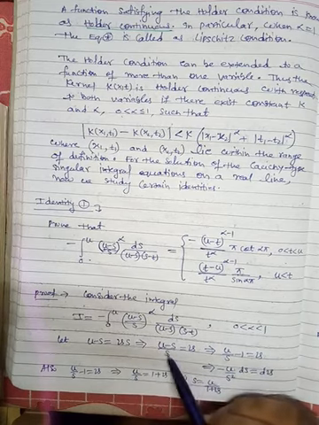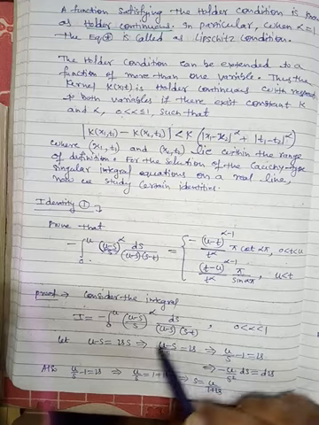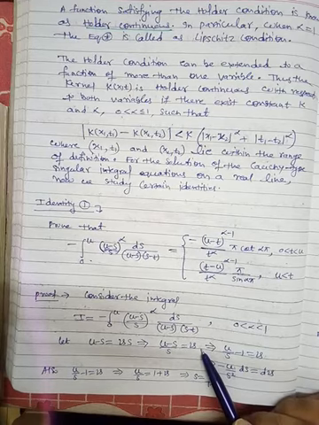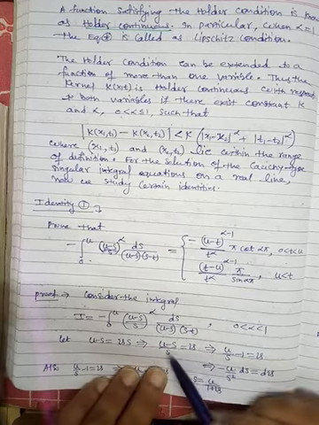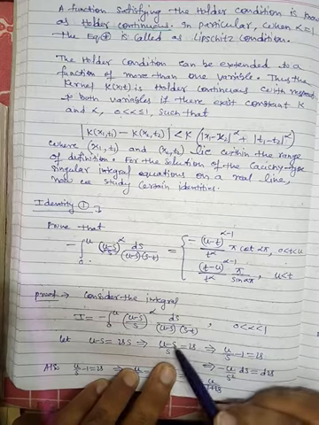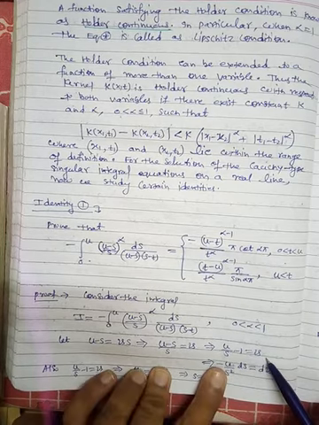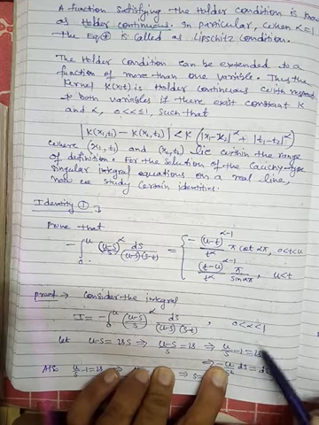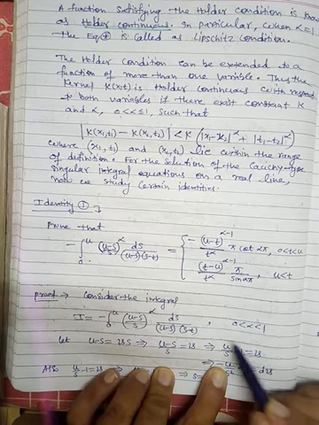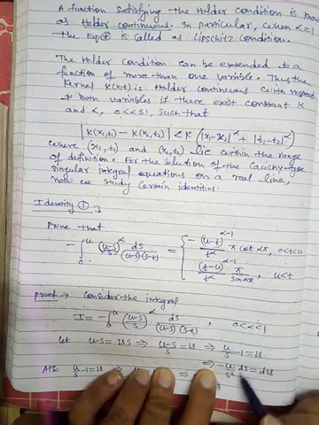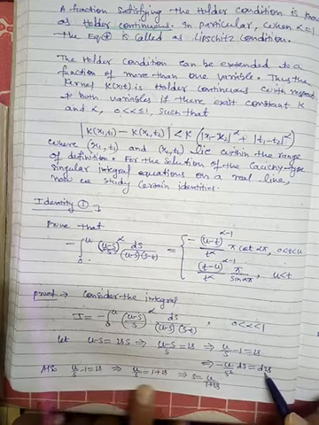So (u minus s) upon s is considered as a new variable v. Fine. So this can be further rewritten as u by s minus s by s, which is 1, is equal to v. Now differentiate with respect to s on the left hand side and with respect to v on the right hand side. So what we get here is minus u by s square ds is equal to dv.